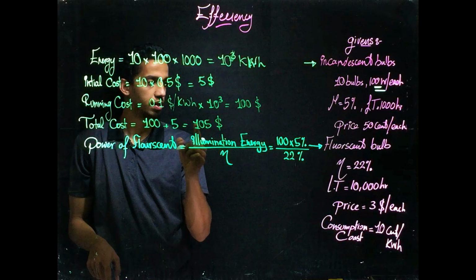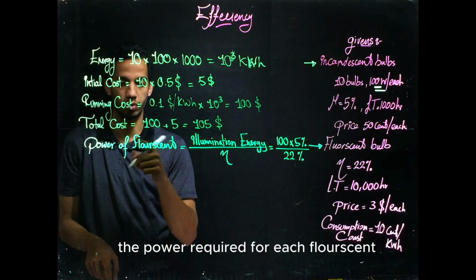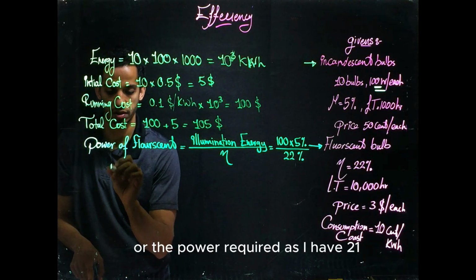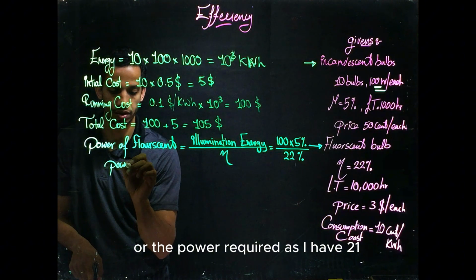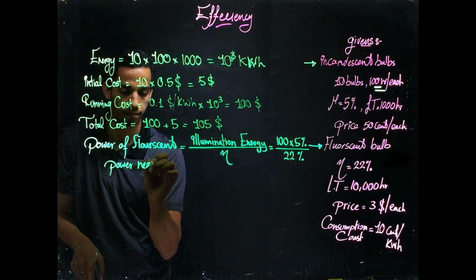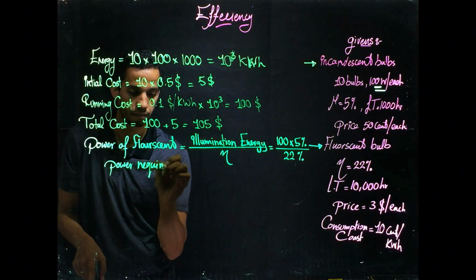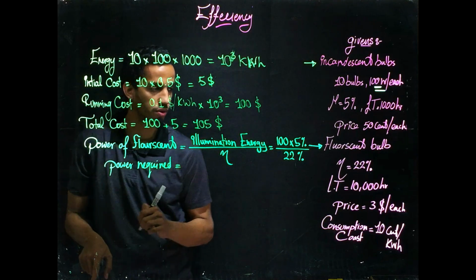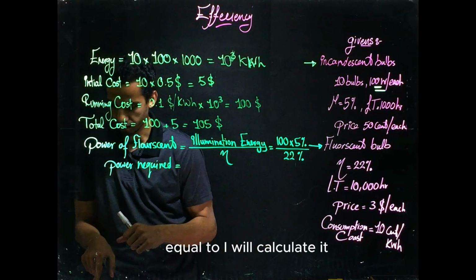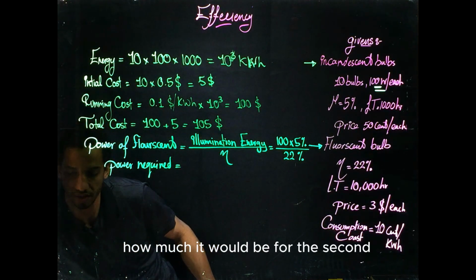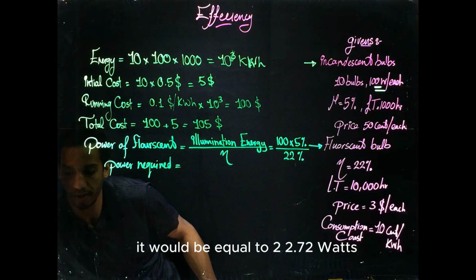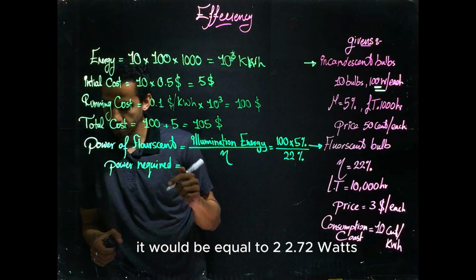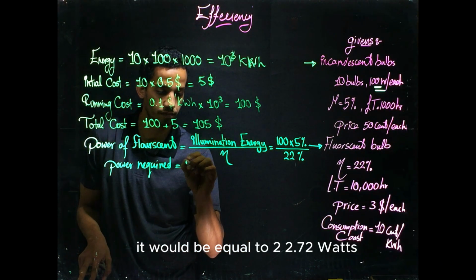So the power required for the fluorescent lamp, as I have only one, would equal, let me calculate it, 22.72 watts.